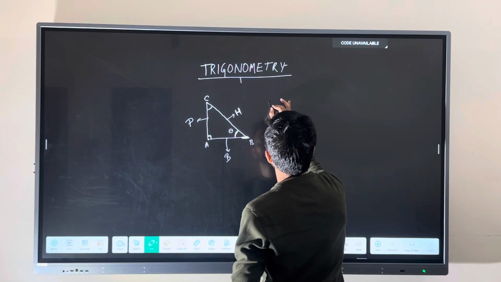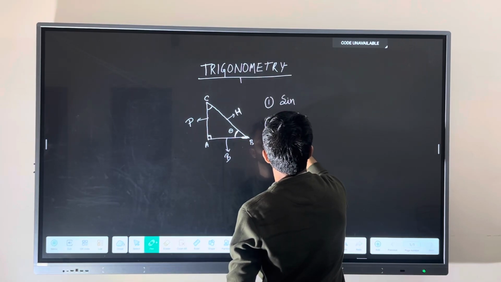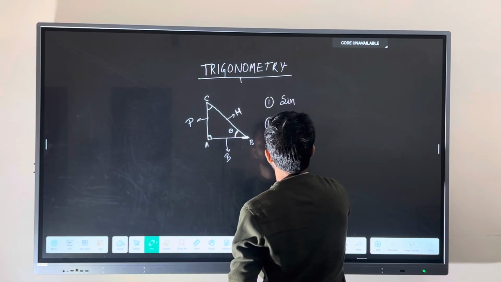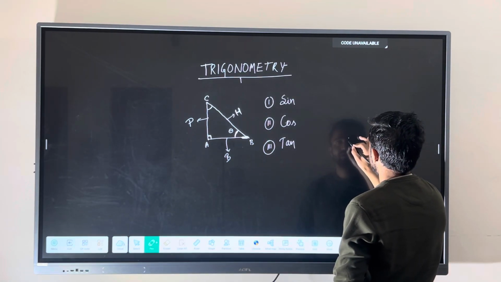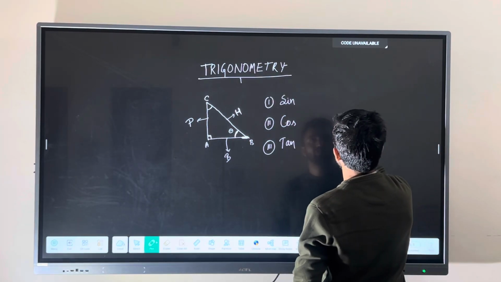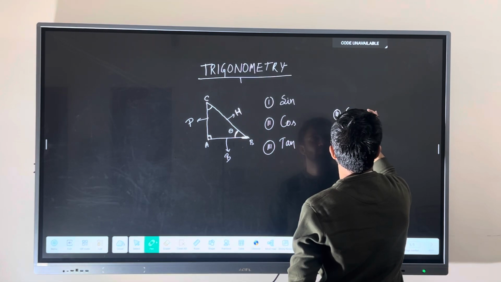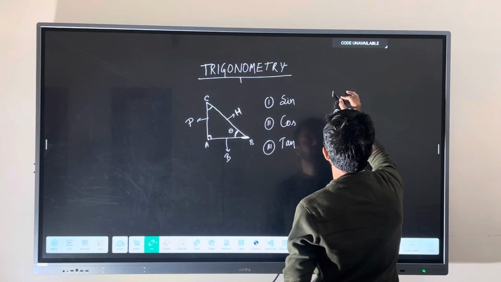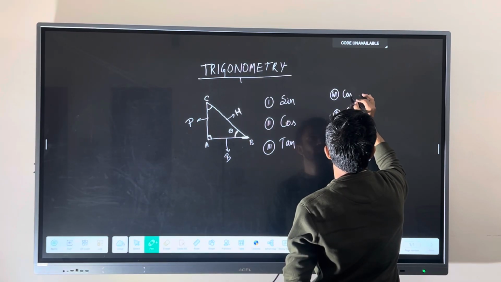So we have six ratios: the first one is sine, the second one is cos, the third one is tan. Then the inverse of tan, that is cot, the inverse of cos, that is sec, and the inverse of sine, that is the sixth ratio, cosec.